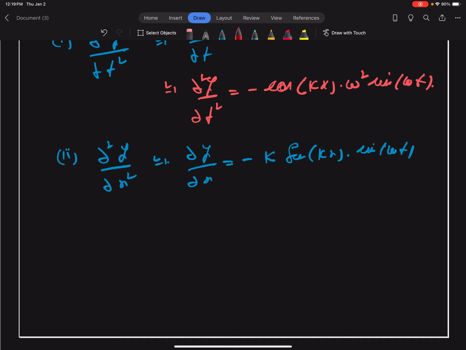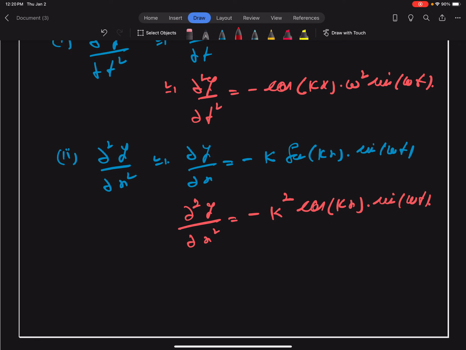Now its double derivative is minus k square cos of kx, and here we have sine of omega t.